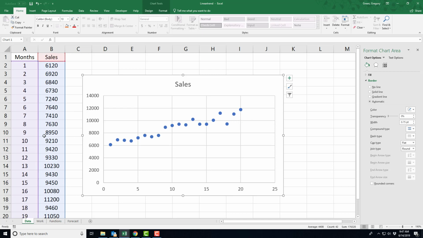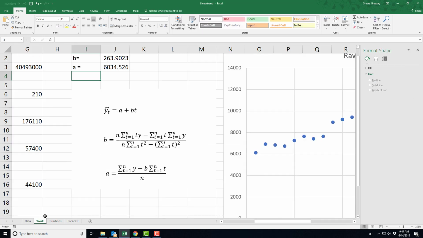So first things first then, showing a line, we have time on the horizontal axis and total sales on the vertical axis. All right, what work do we have to do? Well, in the textbook, we've got these estimates.